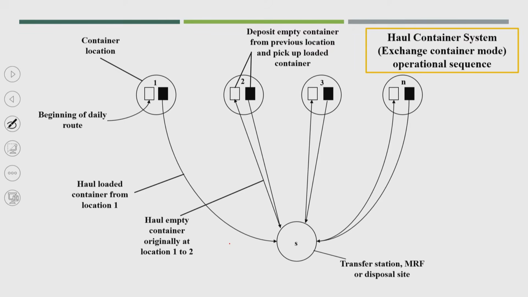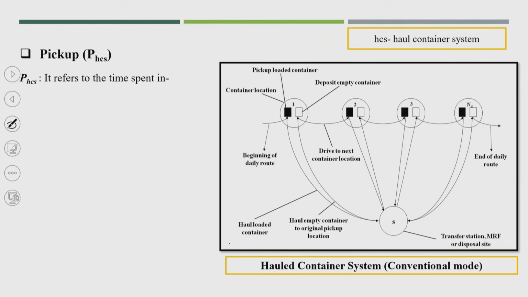Likewise it goes on, and finally the route ends or it starts a new route. Now we will see one by one the different unit operations. The first is the pickup time, denoted by PHCS. Here HCS stands for haul container system.